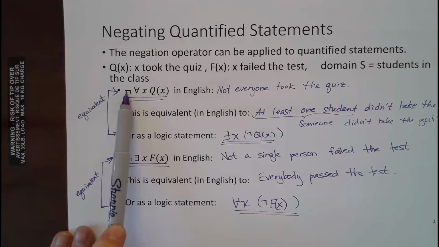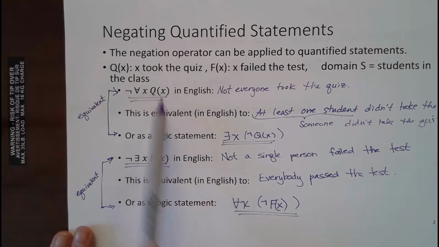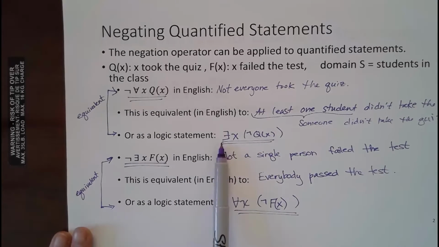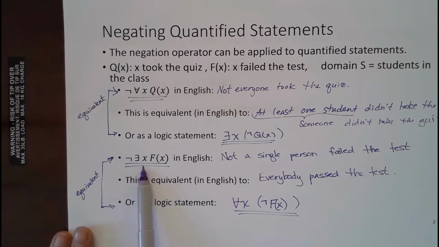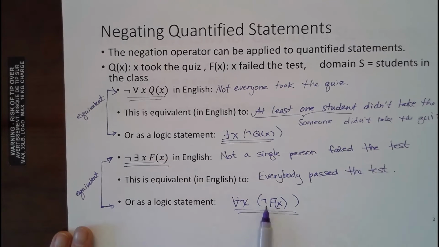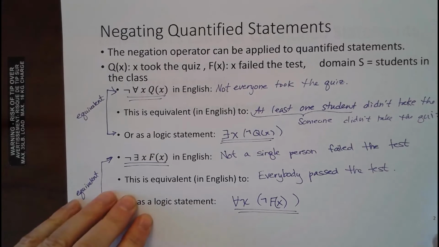The negation moved past the universal quantifier and went in front of the Q of x, and it changed to there exists. Over here, the negation moved past the existential quantifier in front of f of x, and the existential turned into a universal. So it's very similar to what we saw in De Morgan, where when the negation moved into the parentheses, it negated the predicates and changed the conjunctions to disjunctions and the disjunctions to conjunctions. It's a very similar kind of idea.